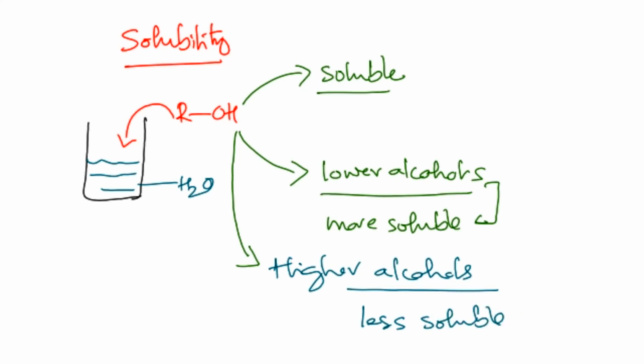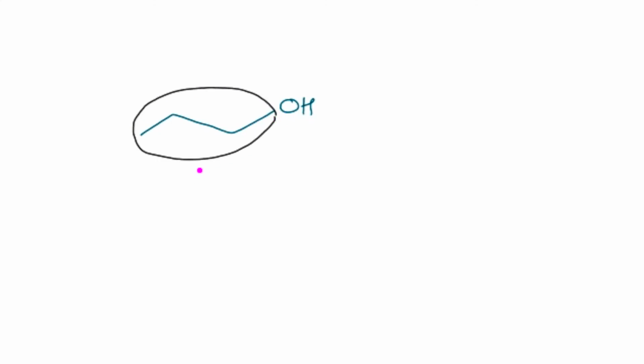The reason is very simple. When we talk about alcohols, there is a carbon chain, and here is OH. The carbon part of the molecule is generally called hydrophobic. Hydrophobic means that part is not going to dissolve in water.